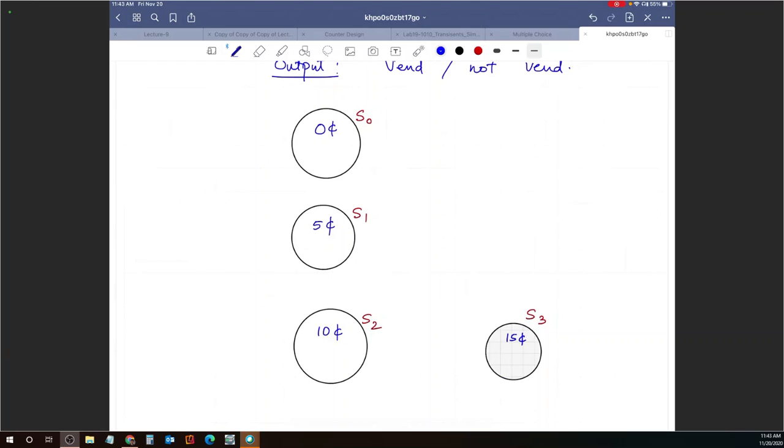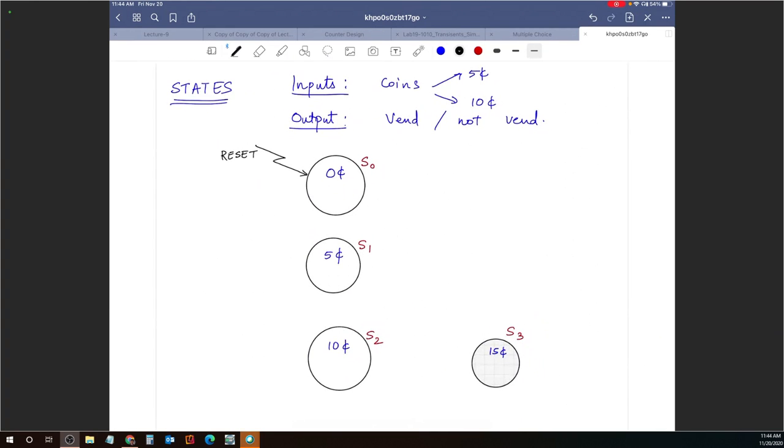And I said I must hit reset to start things off. So I'm going to draw an arrow here to indicate that I need to reset it to come to the initial state. Also, I'm going to encode my 5 cents as N for nickel and my 10 cents as D for dime.